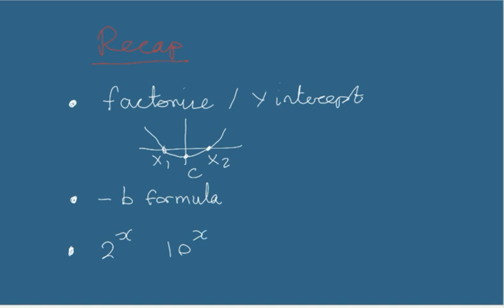We did a problem with a table and also a calculator one. So finally, we did e to the x as well, the natural log. So all of this should create a very clear picture of functions, what they look like, the different types of functions for linear and quadratic.